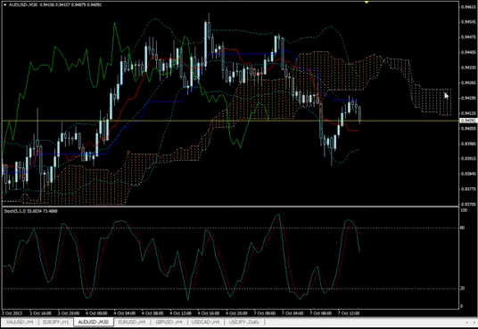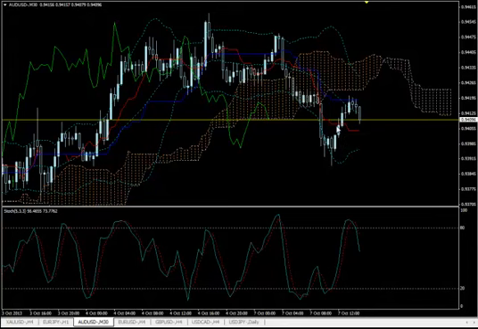On the M30, price crossed and closed above Tenkan-sen 3, 4, 5, 6 candlesticks ago. Now we have a corrective move, a downward move, and stochastics are validating it. But if the move makes a V, makes a swing low below the median line, that's a continuation pattern for the upward move, and most possibly that's what we are going to have.